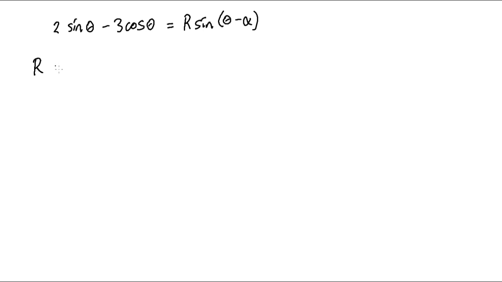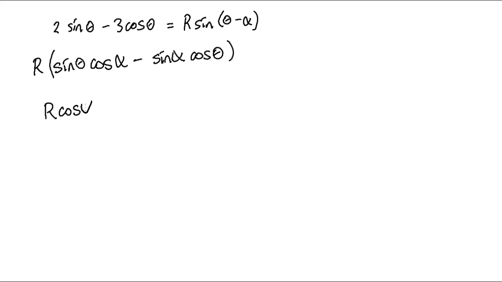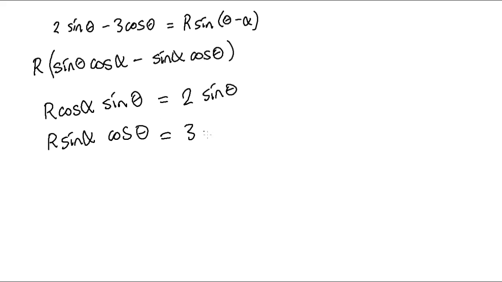So the sine compound angle is sine theta cos alpha minus sine alpha cos theta in brackets, and so r cos alpha sine theta is equal to 2 sine theta, while r sine alpha cos theta is equal to 3 cos theta.